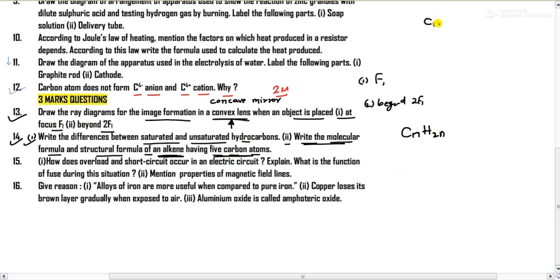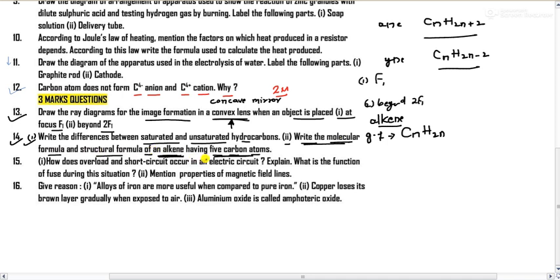This is the general formula. First you have to write the general formula.